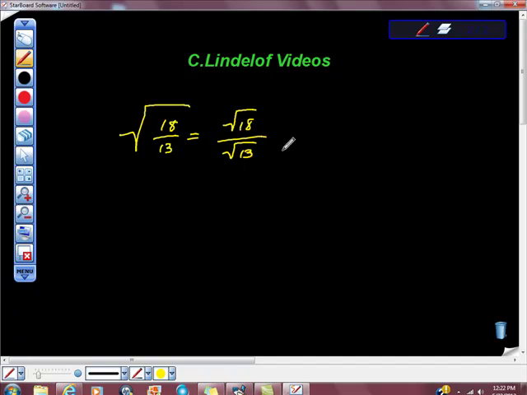So what I'm going to do here is this. I'm going to multiply this thing by the square root of 13 over the square root of 13, which, look at this, gives us the square root of 13 squared, doesn't it? So this just gives us 13 at the bottom. What does the top turn into? A bloody mess, I bet, doesn't it?